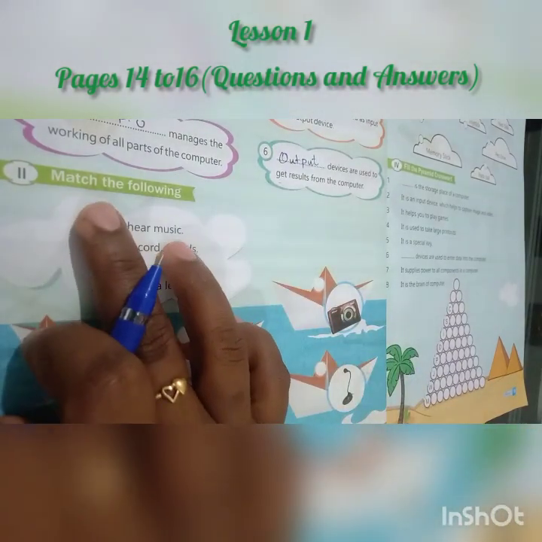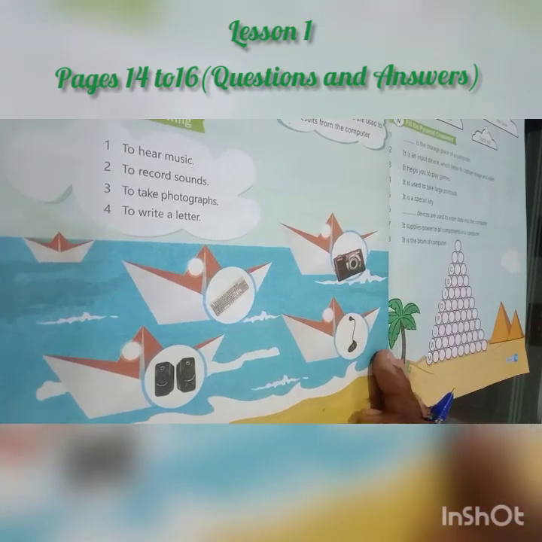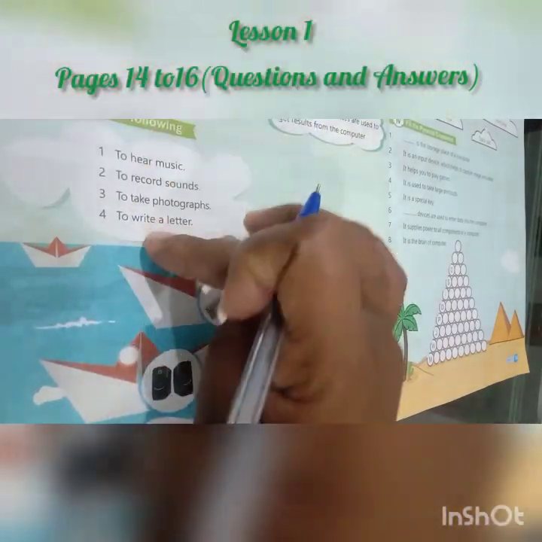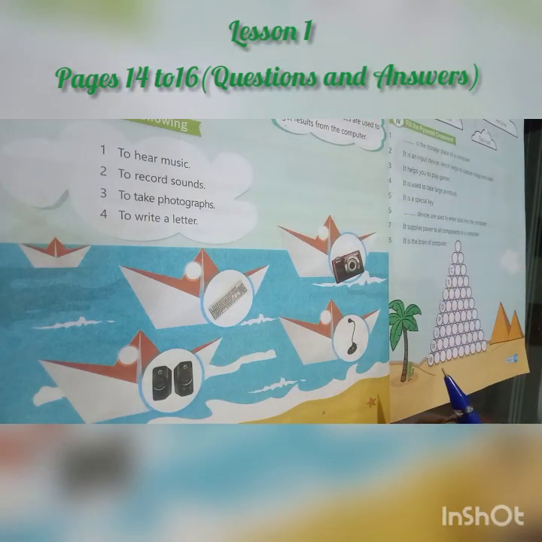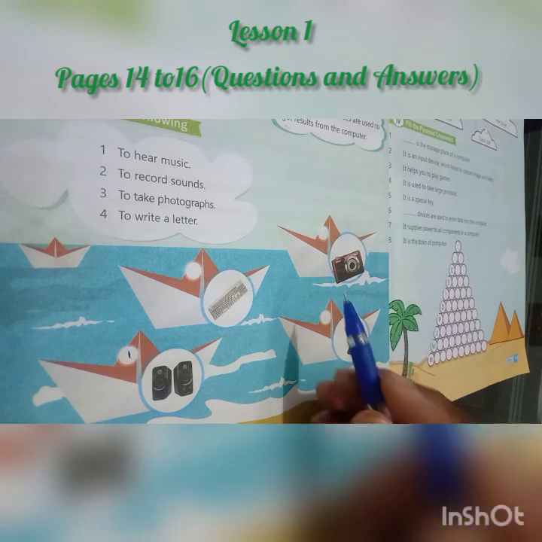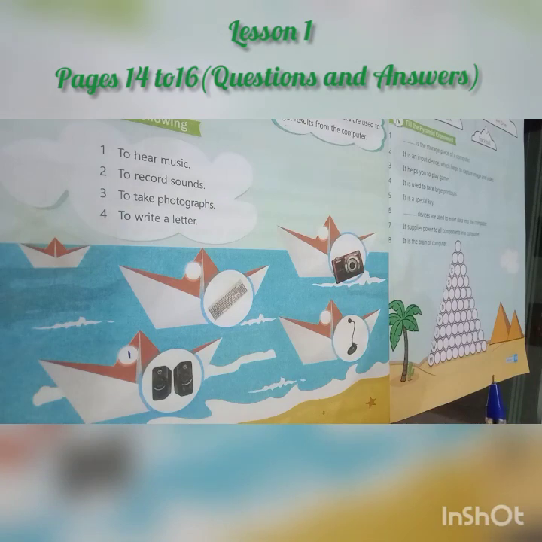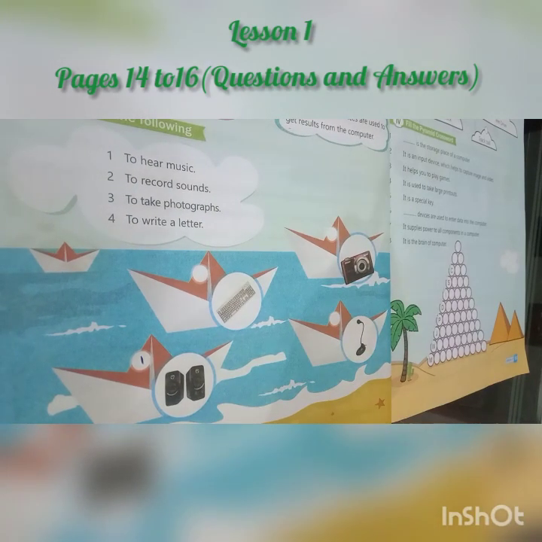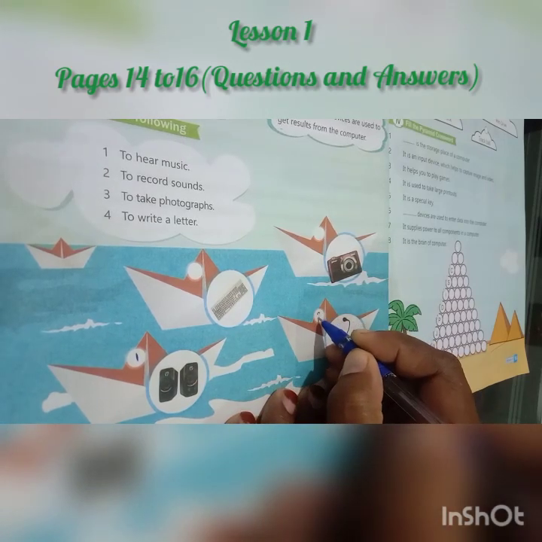Next part is match the following. What are the things that you use for all these things? To hear music, which part? Yes children, speaker. So write here 1. Then to record sounds, how will you record sound? Microphone.